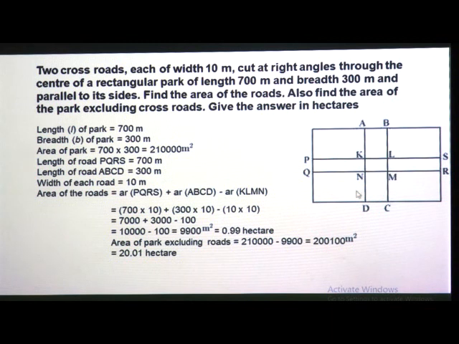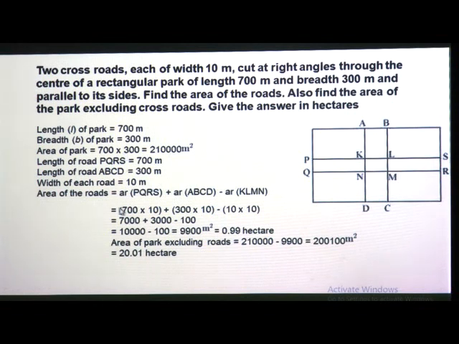It is given as 300 and 700, the area of a rectangular park, where length is 700 and breadth is 300. So, the total is 2,10,000, which we already found here. It is the area of the park.